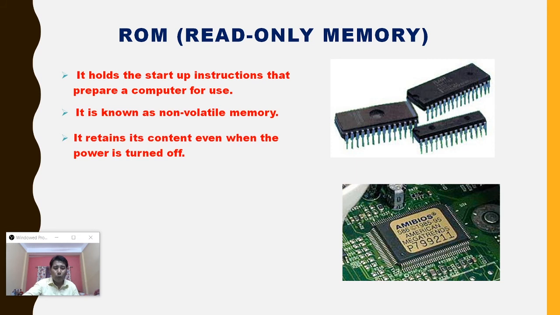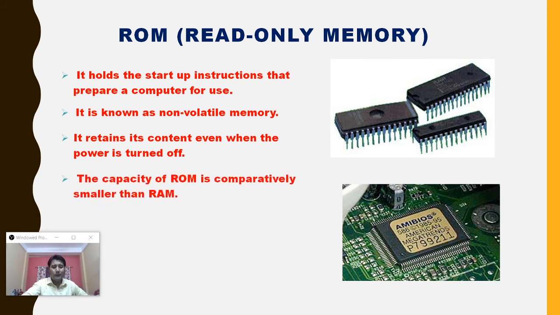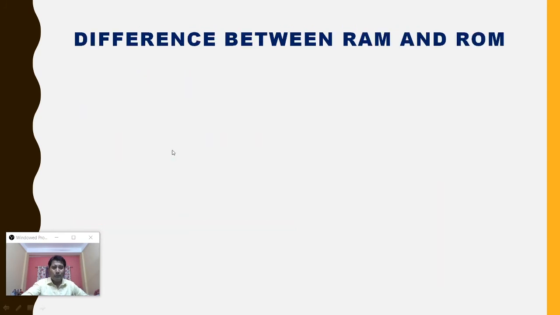Because even when the power is turned off, the data stored in the ROM does not get erased. It retains its content even when the power is turned off. The capacity of the ROM is comparatively smaller than the RAM. It has features of both primary memory as well as secondary memory.